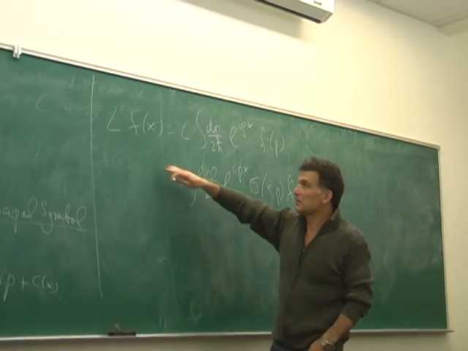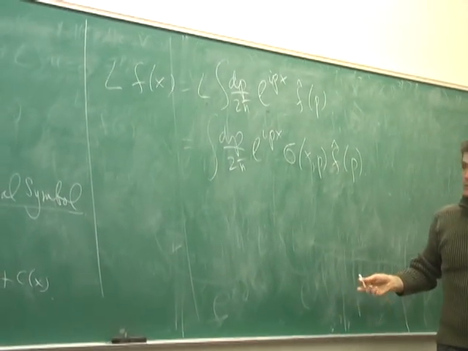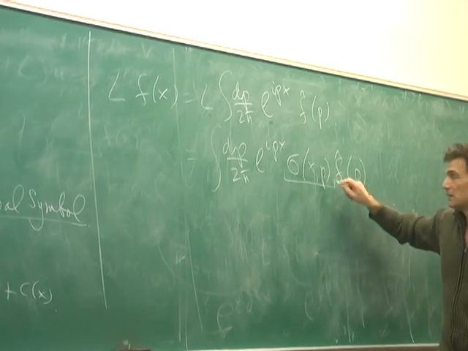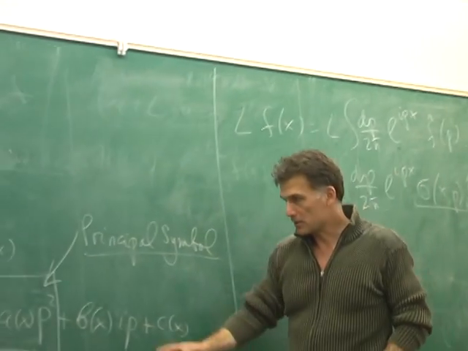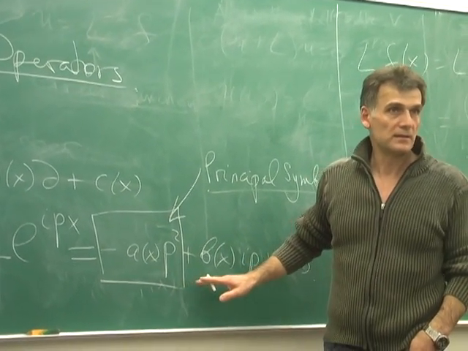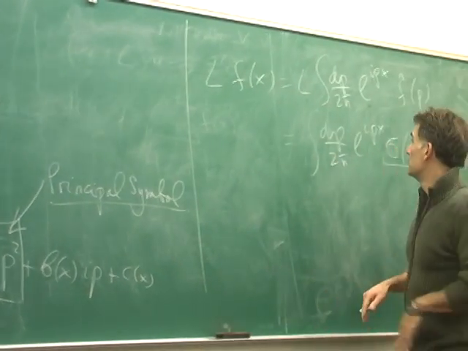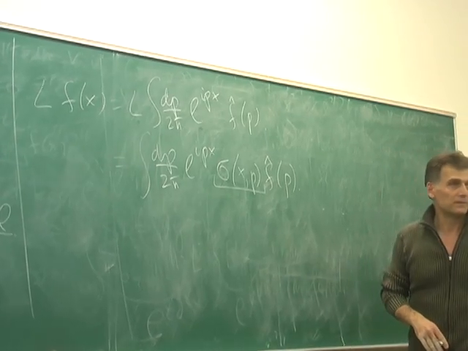It tells you how the differential operator acts on any function. You just multiply it by its symbol, even if it has non-constant coefficients. This is non-constant coefficients, right? Just arbitrary operator. You just act on it, and then, well, now you have to compute this integral.